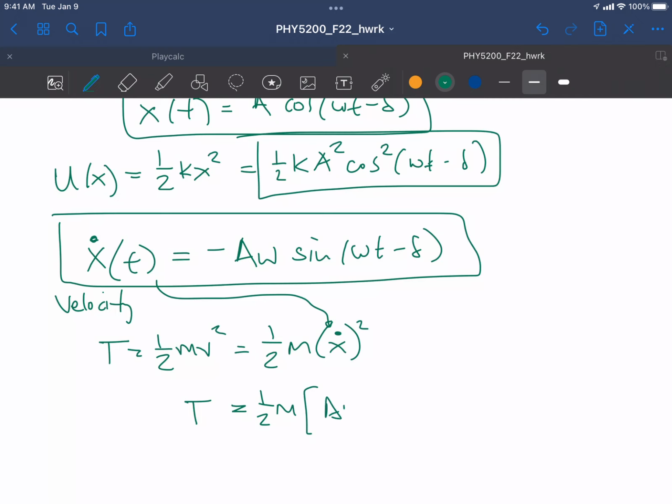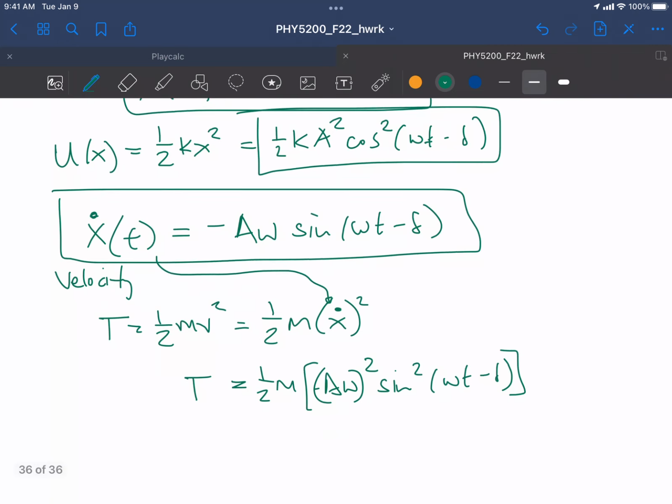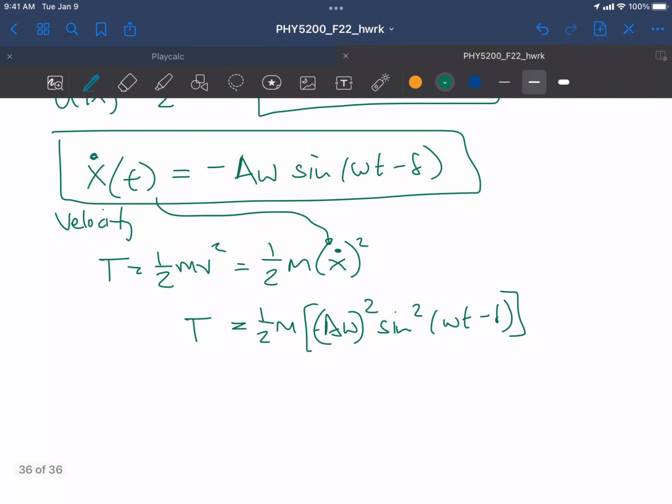So that's a omega squared, sine squared of omega t minus delta, which is equal to 1/2 m a squared omega squared sine squared of omega t minus delta.